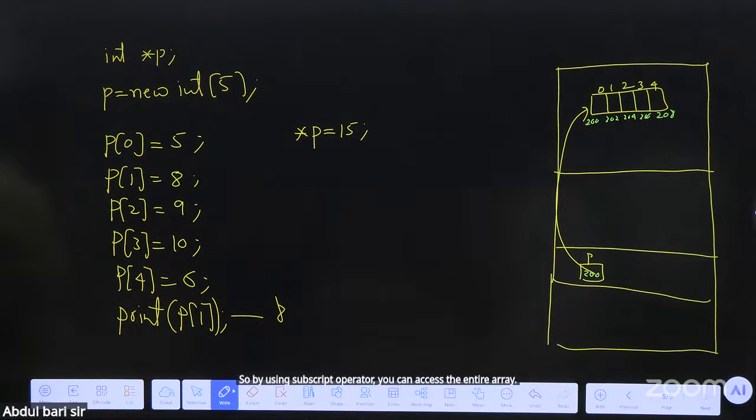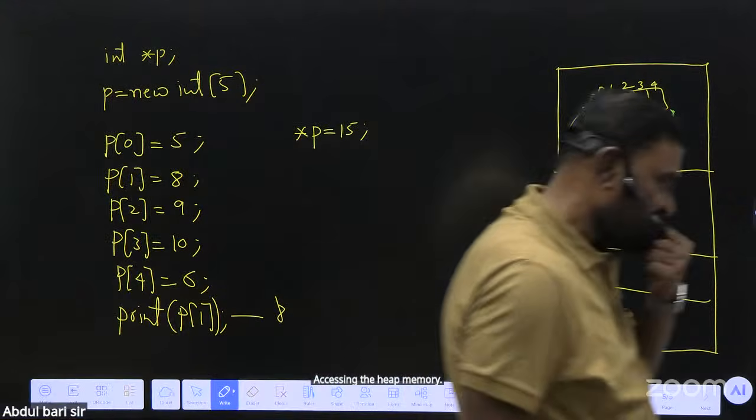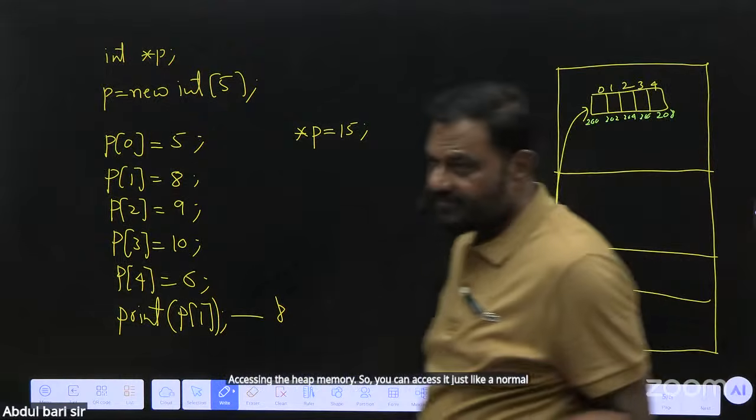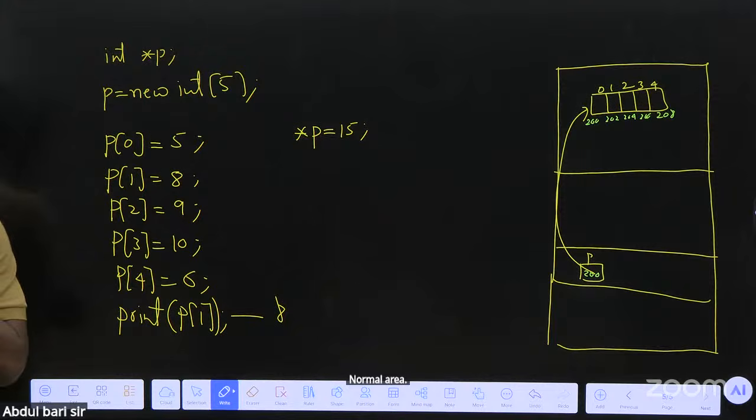So you can note down: accessing the heap memory, you can access it just like a normal array. You will get just the base address.